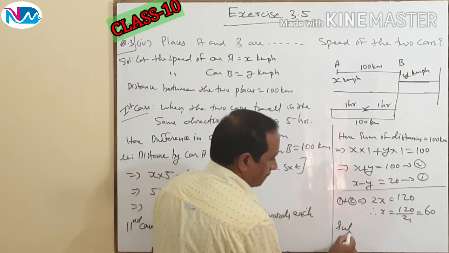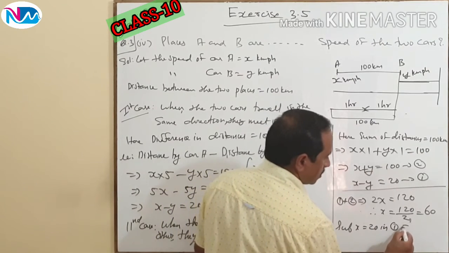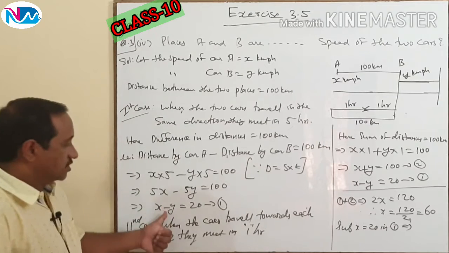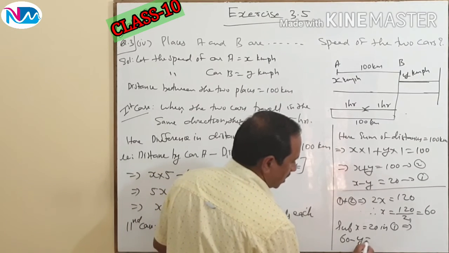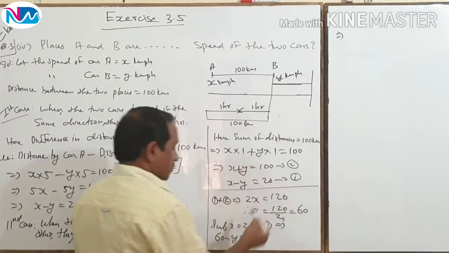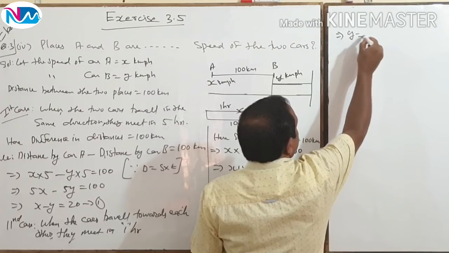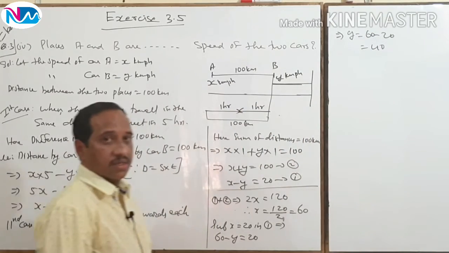Substituting x is equal to 60 in equation number 1 gives x minus y is equal to 20, that is 60 minus y is equal to 20. That gives y is equal to 60 minus 20 is equal to 40.